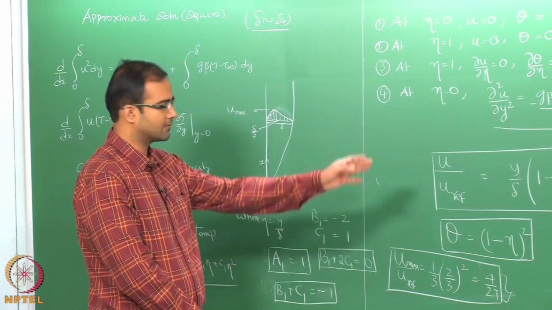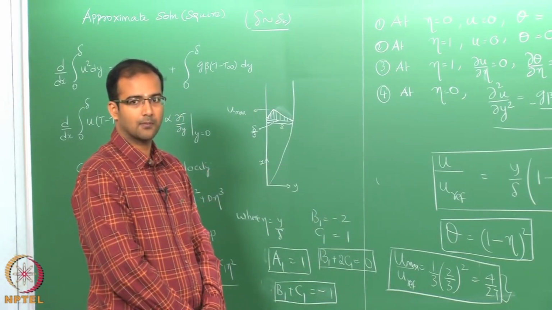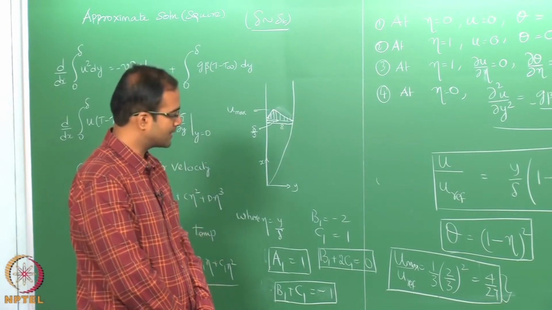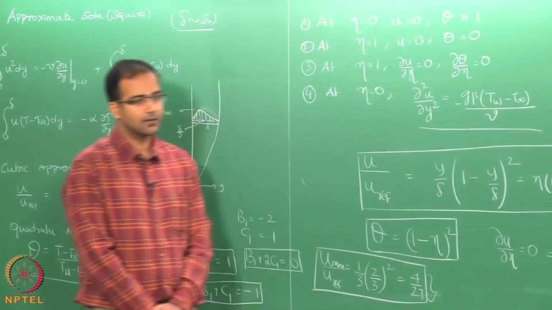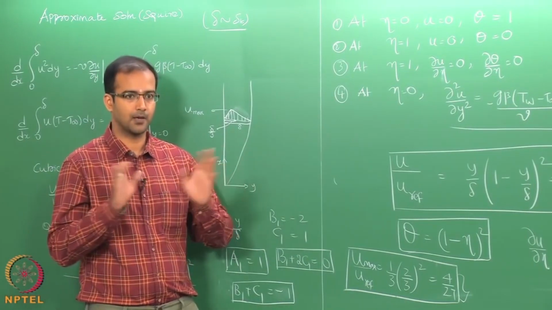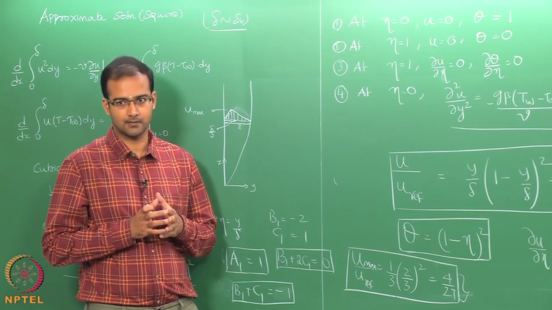Well, okay, this is only for when we assume a cubic polynomial. If you assume a quartic polynomial, this might slightly change, but this is an indication that you can have any reference velocity, and if you know the profile approximately, you can get the value of u max.